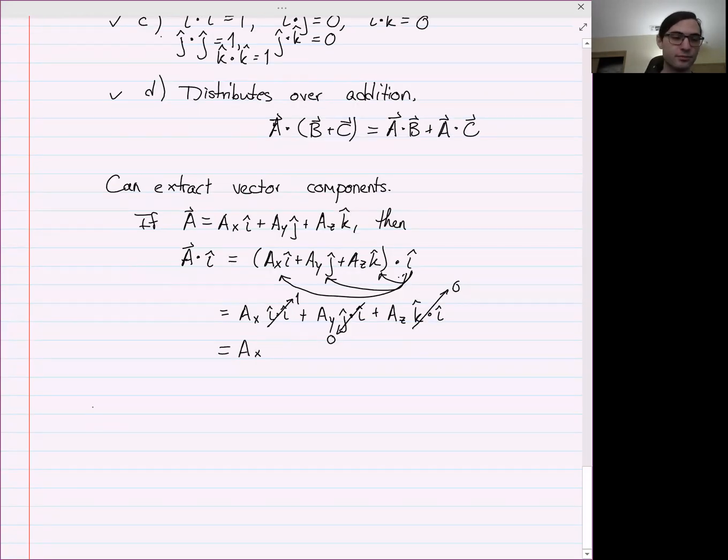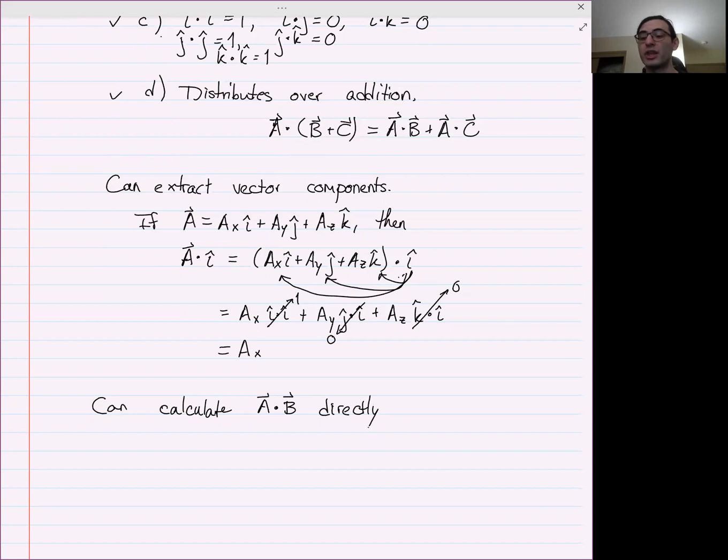Also, we can calculate A dot B directly using components, rather than using the formula, rather than using the magnitude of A times the magnitude of B times cosine theta.